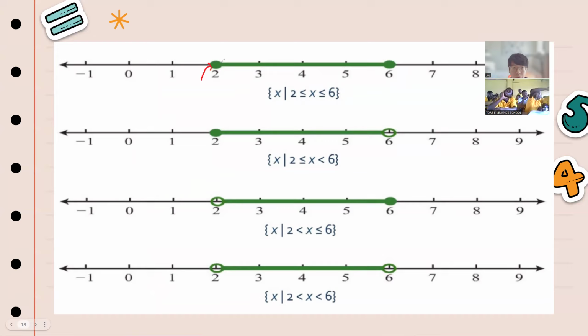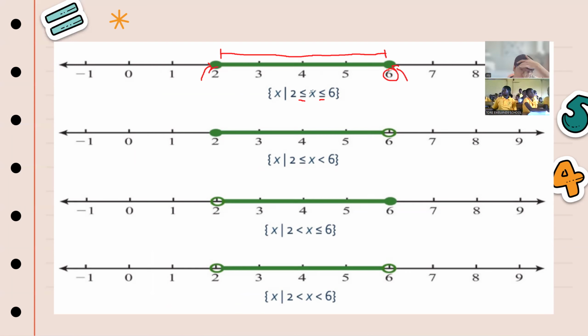This is a filled dot. That's why it's from 2 to 6, but it's less than or equal to. So x is greater than or equal to 2, but less than or equal to 6. That is all the values between here, with 2 and 6 included.